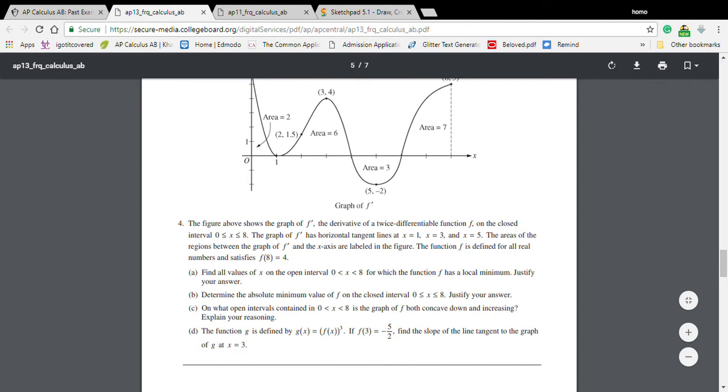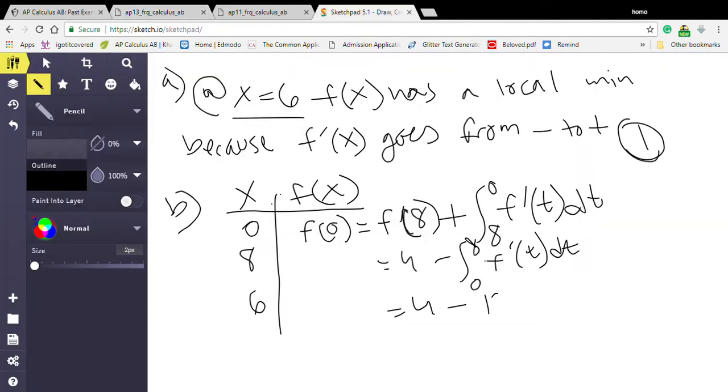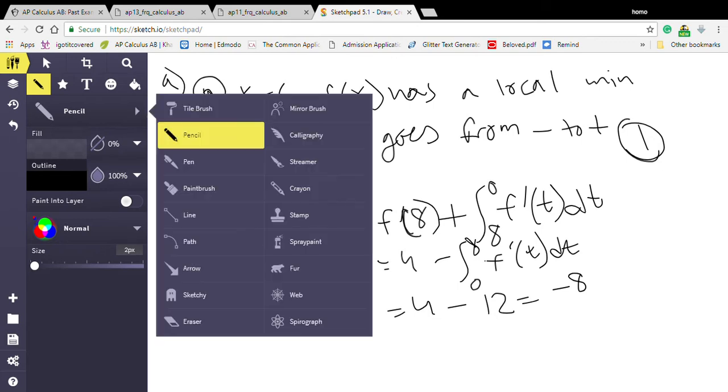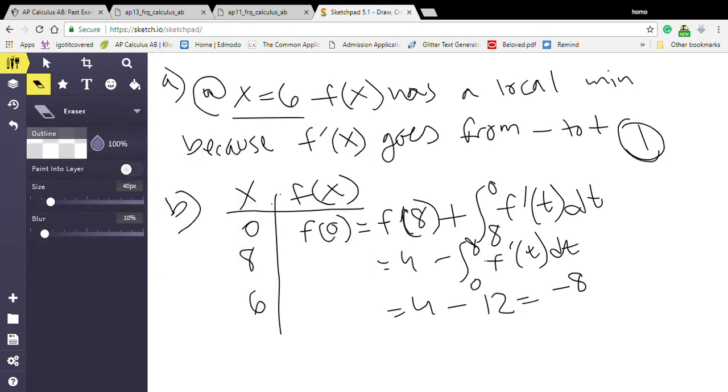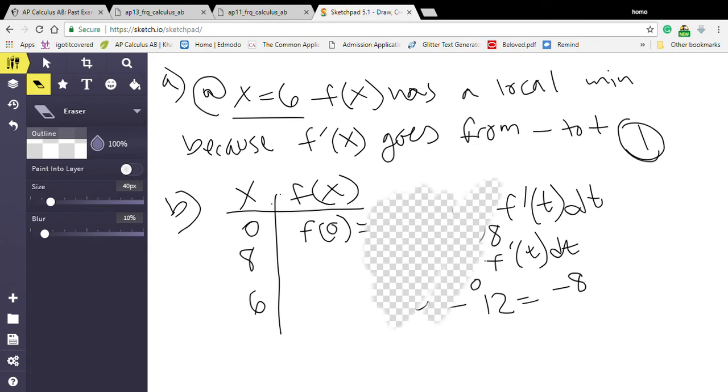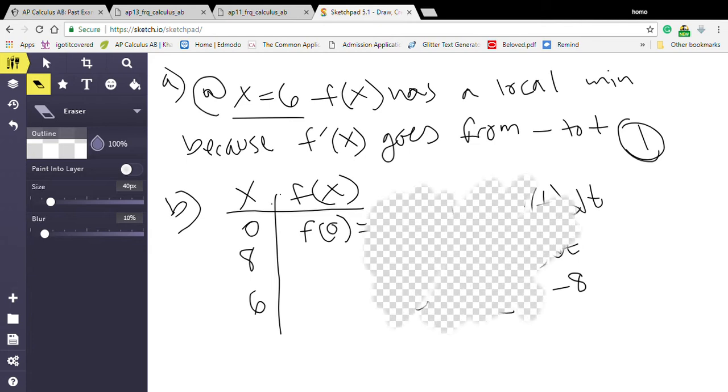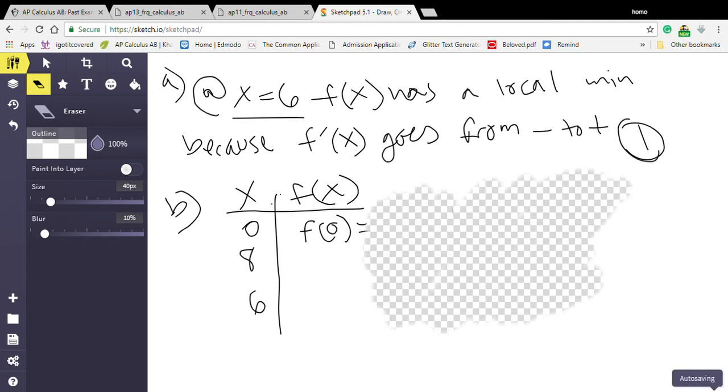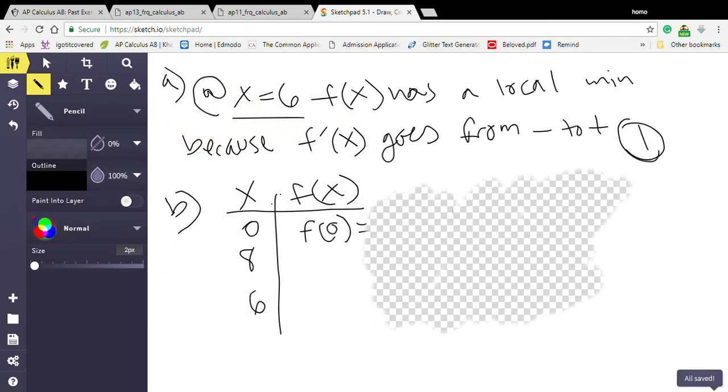So we have 4 minus 12, which is negative 8. So f of 0 is negative 8. This is how we got it.